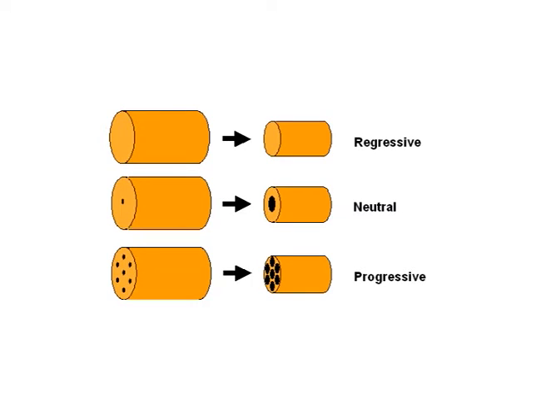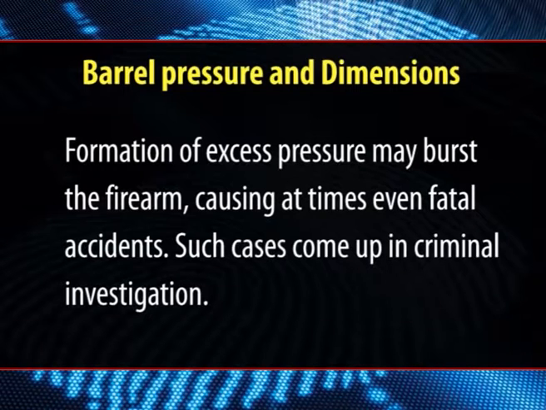Different types of powders, namely progressive powders, degressive powders and constant burning powders, produce different maximum pressures. Maximum pressure developed is considerably less in the case of progressive powders than in other powders.